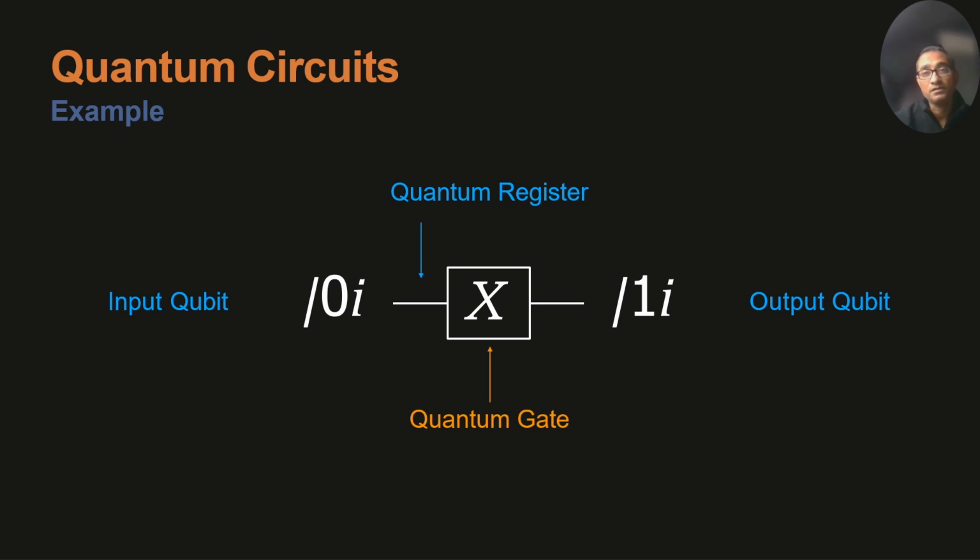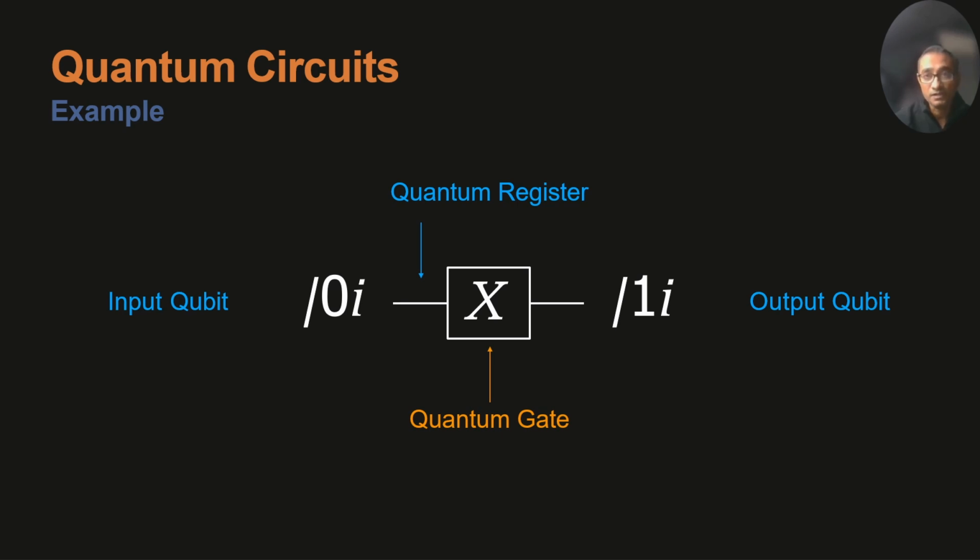Traditionally, the input states, unless stated otherwise, are always initialized to the qubit 0 state, and this is the traditional approach. You may have a different initialization if your application demands it or you feel it necessary.